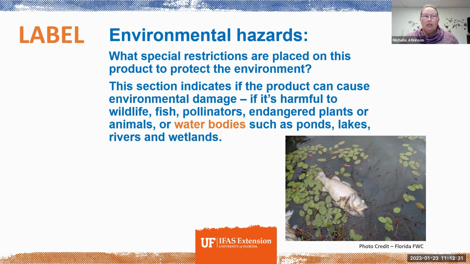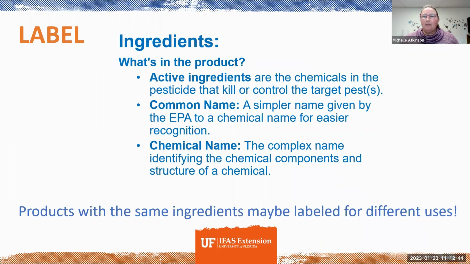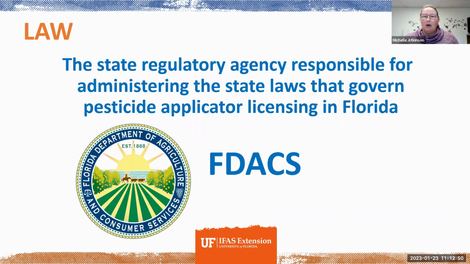So it'll say, do not apply to surface water, standing water, at the tidal high water mark. Anything to do with water, that's what you're going to find in those environmental hazards. So make a note of that. The label is going to have on it a couple of things. And again, I'm going to skip through this a little bit because it's in another part of the course.